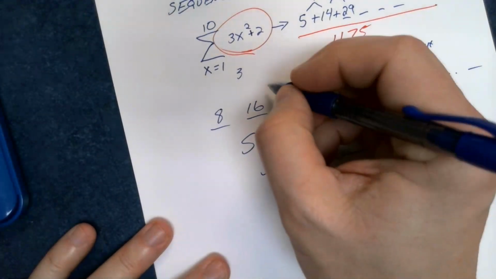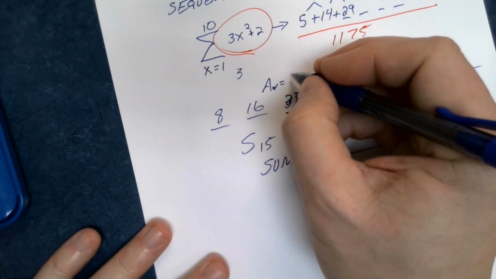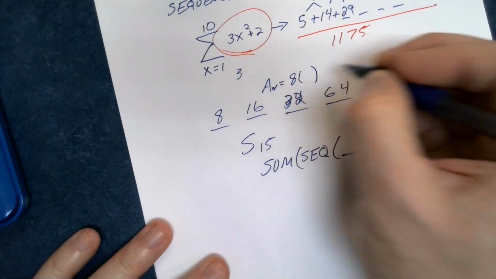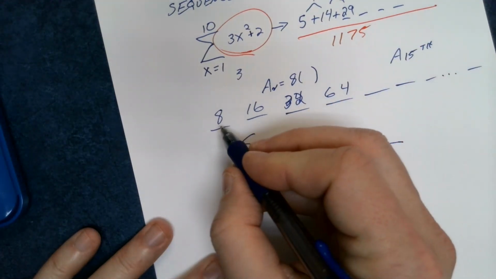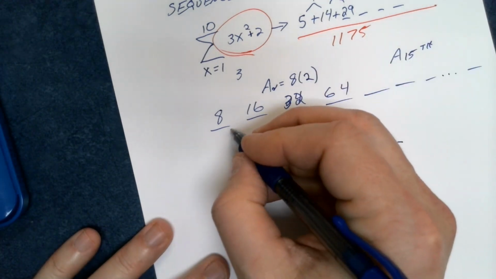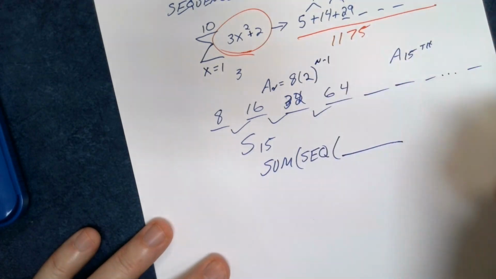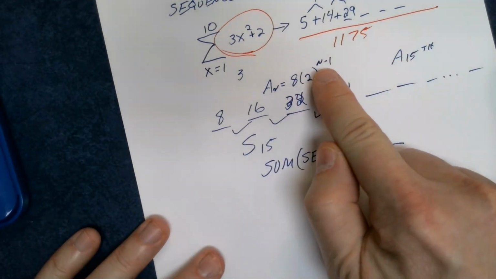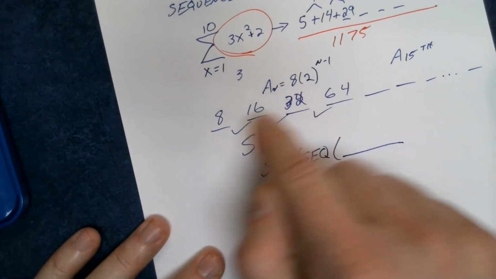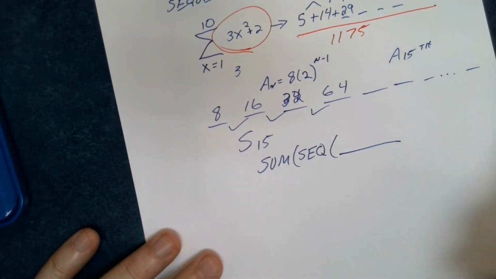And hopefully you remember that a sub n equals a sub 1 times our rate, which is 2, because it doubled each time. You can see it's multiplied by 2 each time, to the n minus 1 power. So we'll check it. We'll plug the number 1 into here. 1 minus 1 is 0, 2 to the 0 is 1, 1 times 8 is 8, and that gets you our first term. So this is the formula we'd have to use.